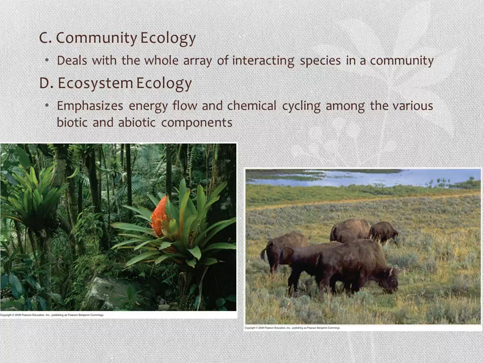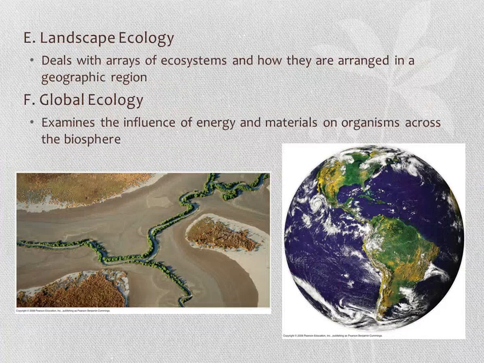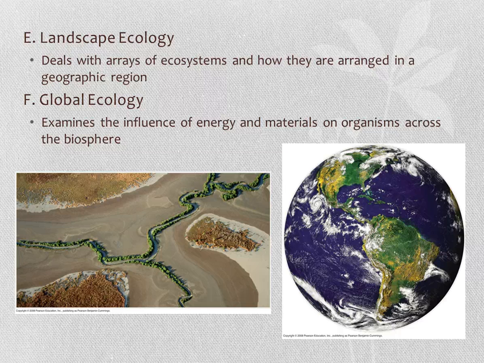You have ecosystem ecology, which emphasizes energy flow and chemical cycling among the various biotic and abiotic components. We'll elaborate on this quite a bit in the on-site portion as well. In addition, you have landscape ecology, which deals with arrays of ecosystems and how they're arranged in a geographic region.